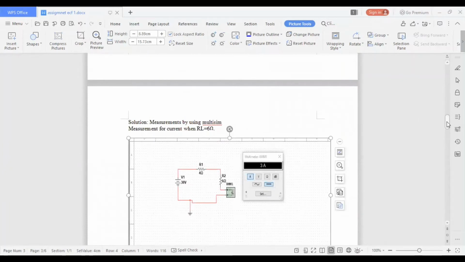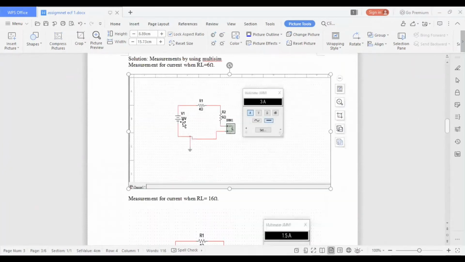This is the circuit constructed in Multisim, where V1 is the voltage source of 30 volt, R1 is the resistance value, and R2 is the RL. RL we set here is 6 ohm. For measuring the current, we use the multimeter. The current we obtain for 6 ohm is 3 ampere.